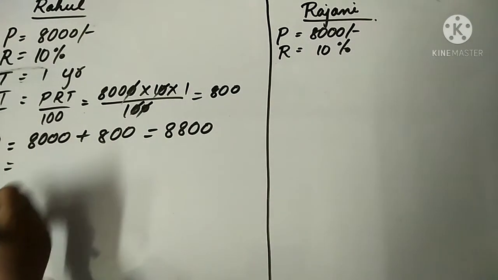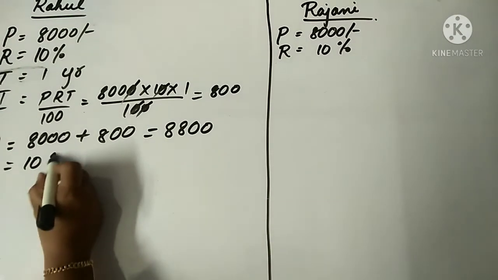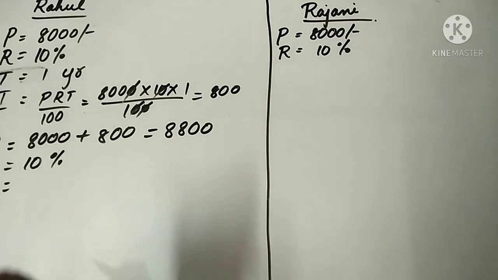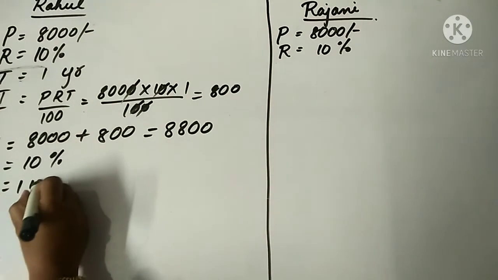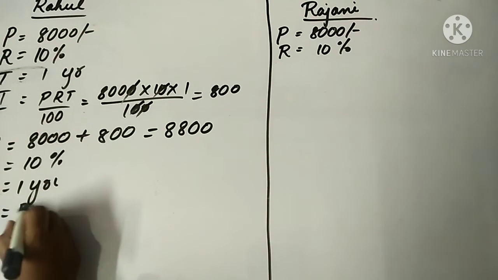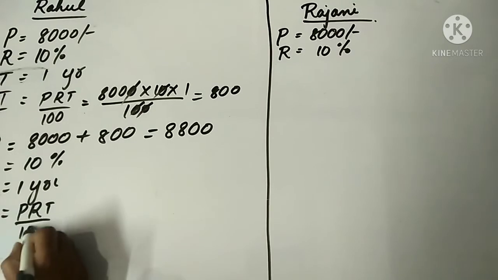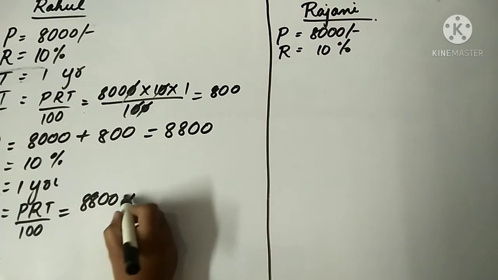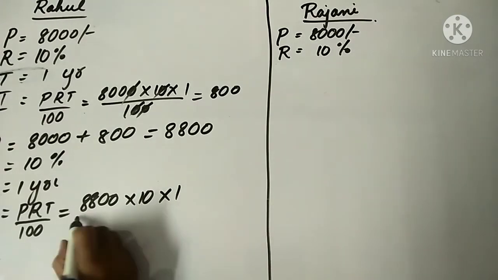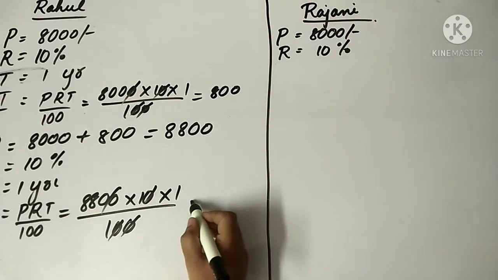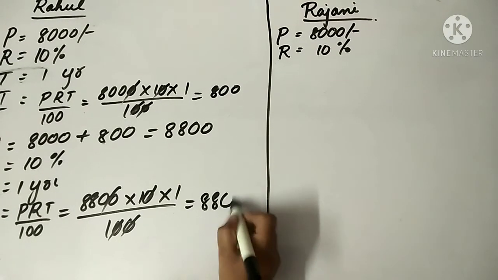At the same rate of interest, so R is equal to 10% and time is again 1 year. So interest is equal to PRT by 100, that is 8,800 into 10 into 1 by 100. These zeros get cancelled. Balance 880 rupees.